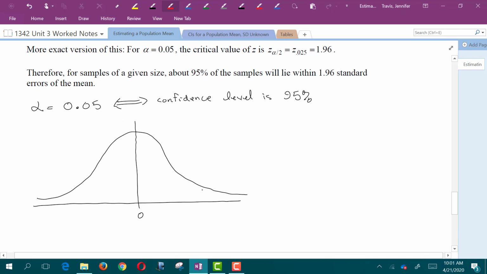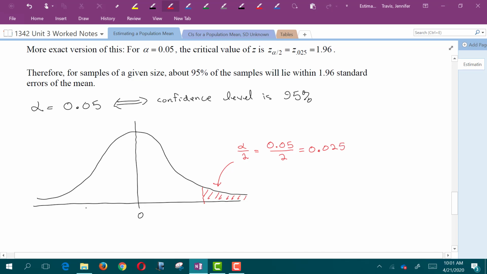So, come over here to the right. This area right here is going to be alpha over 2. So what we're going to do is take that 0.05, divide it by 2. You should need a calculator for this one. What's that going to give us? 0.025.